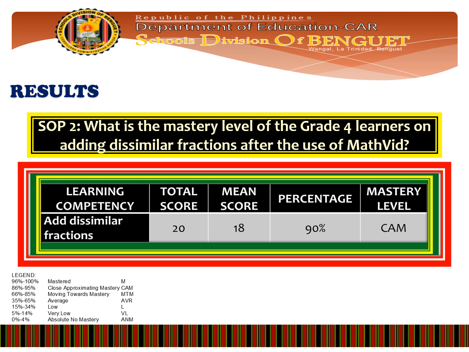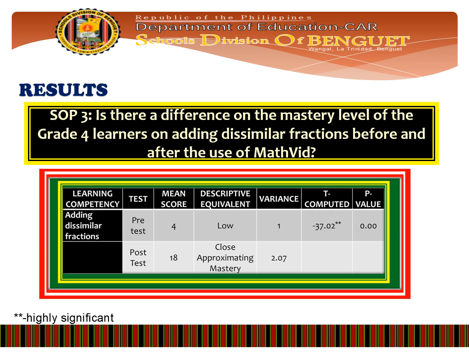This also implies that the utilization of MathVid as an intervention pedagogy in teaching math concepts helps the teachers make the lessons easy to understand and the learners improve their academic performance in math lessons.